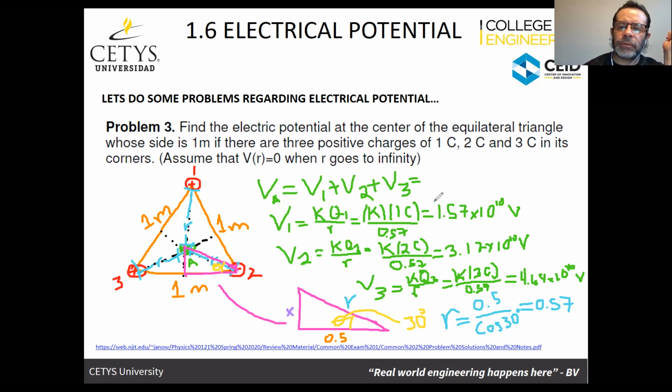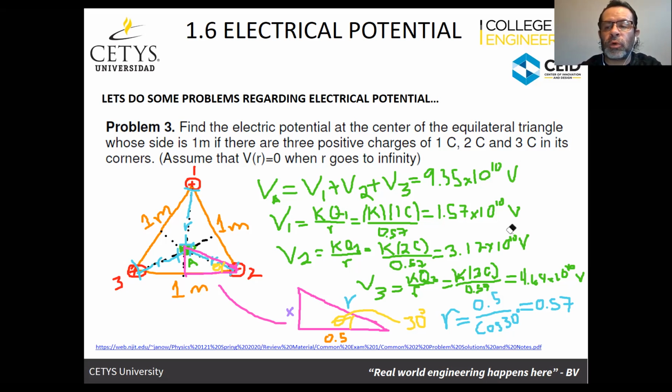They're all times 10 to the 10. Can somebody please do the calculation? 9.35 times 10 to the 10 volts.